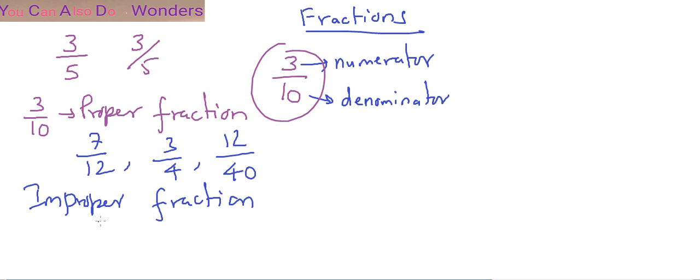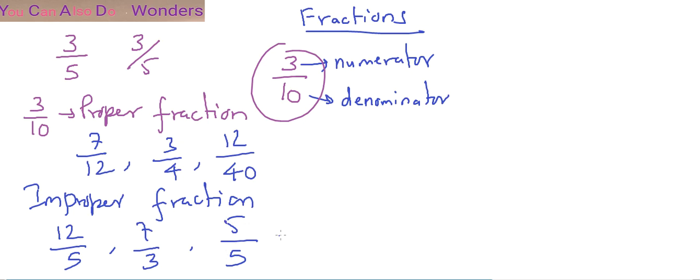That means the denominator can be equal to the numerator, or it's less than the numerator. For example, say 12 by 5, or 7 by 3, or 5 by 5.